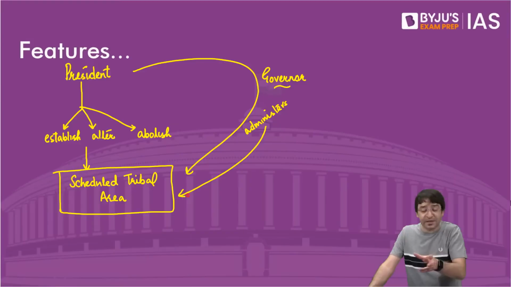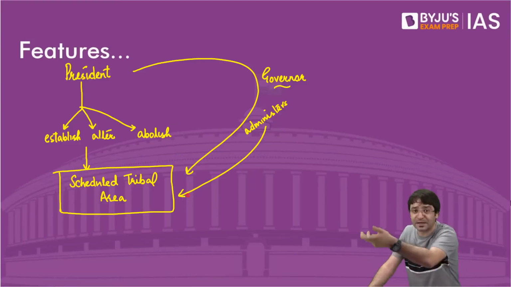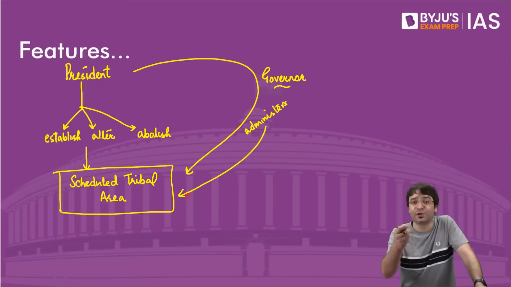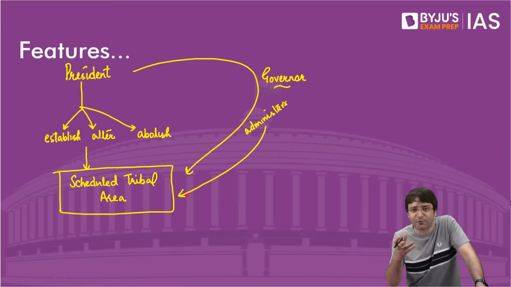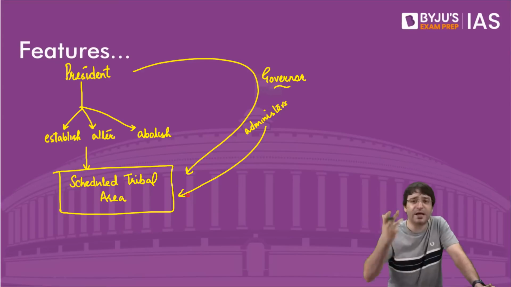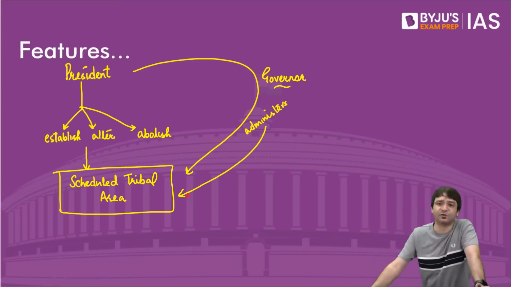And this time, in administering the scheduled tribal area, the governor may not even go by the advice of the chief minister and his council of ministers. This is another reason why the office of governor should continue, because in absence of the office of governor, we cannot imagine any other institution performing this task, where the governor administers a scheduled tribal area, even without the aid and advice of the chief minister and the council of ministers.